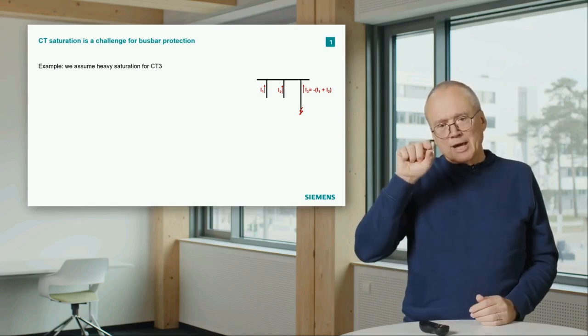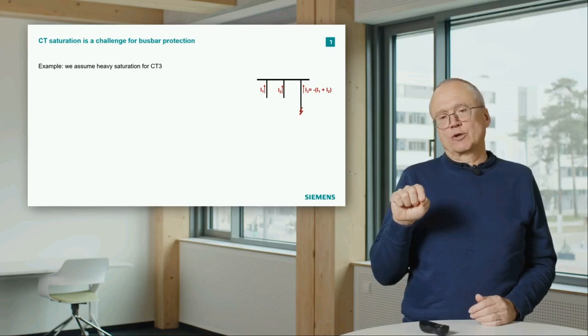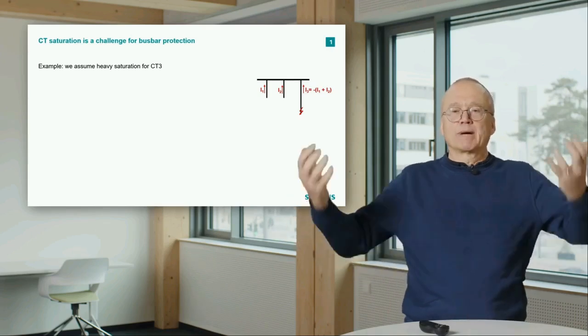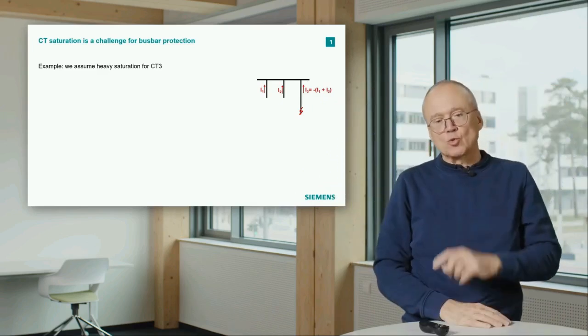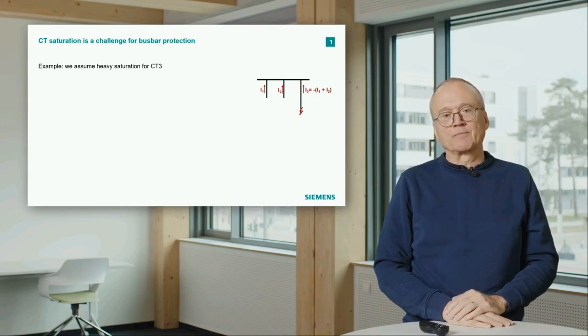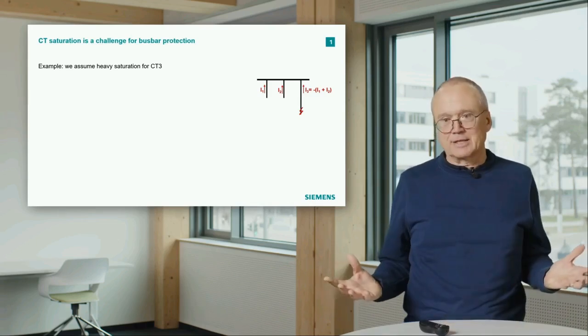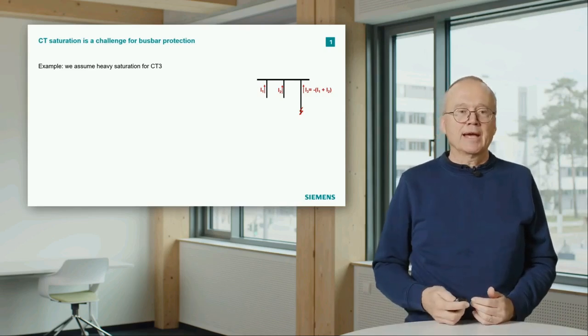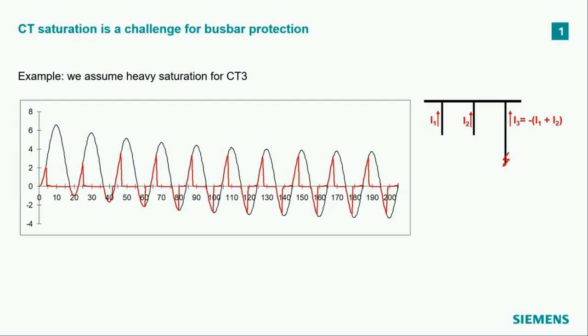And if you now have on this feeder an external fault, that means the whole short circuit power of the busbar goes through our poor little current transformer for the auxiliary feeder, and it drives it within a very short time into saturation, and the output signal of this current transformer will look like this.